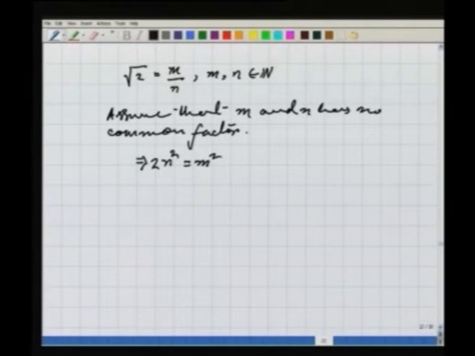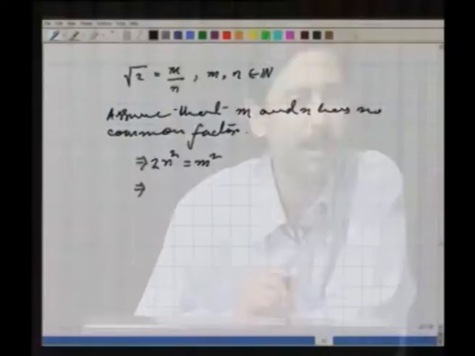I am just squaring both sides of the equation, right. Since the product of two odd natural numbers has to be odd, and here I see that m times m is even, it implies that m must be an even number. So, I have m is even.